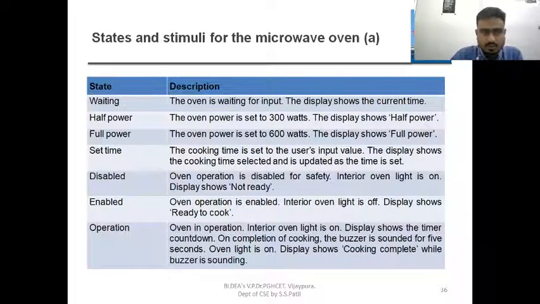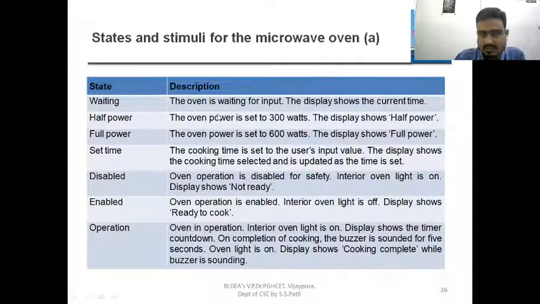Fine. So these are the states and descriptions of our microwave oven or anything. It explains what exactly the waiting state is, what the half power is, what the full power is, the time, enable, disable, and operation.